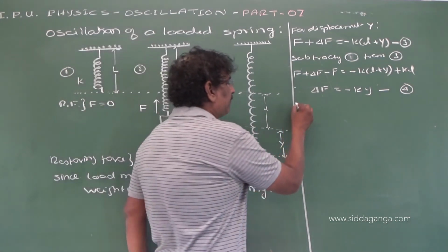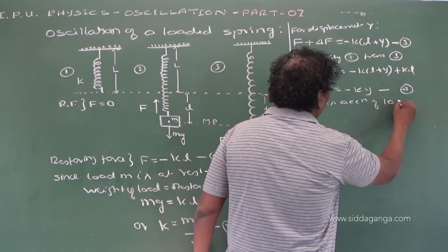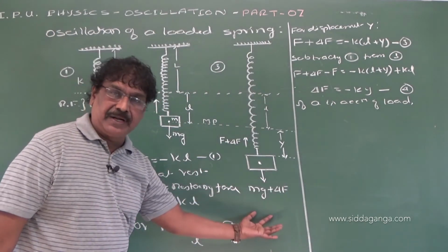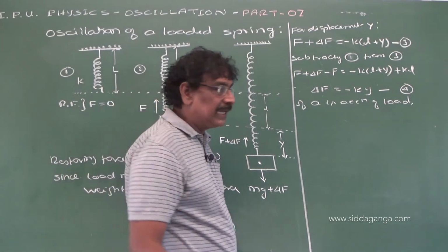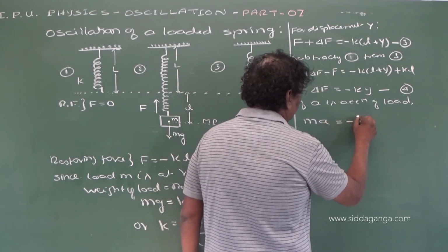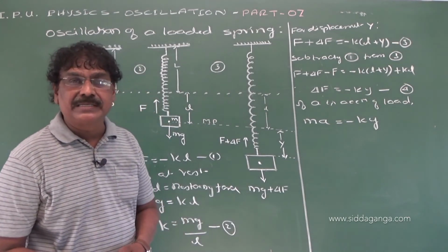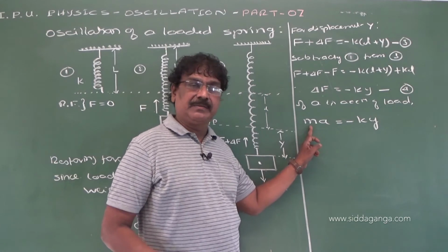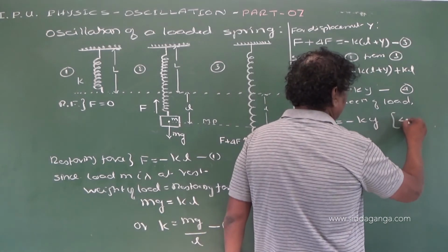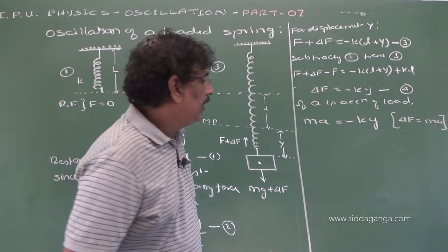So if A is the acceleration of the load when it is released, after being pulled downwards, then we have MA is equal to minus K into Y, where M is mass, A is acceleration. This is according to Newton's second law of motion, that delta F is equal to MA.